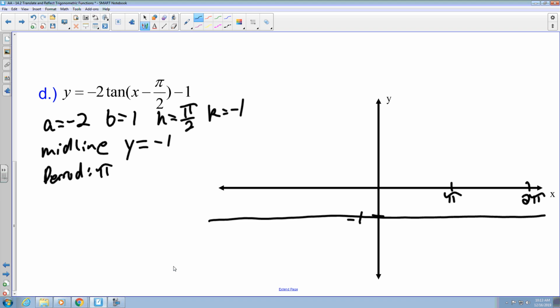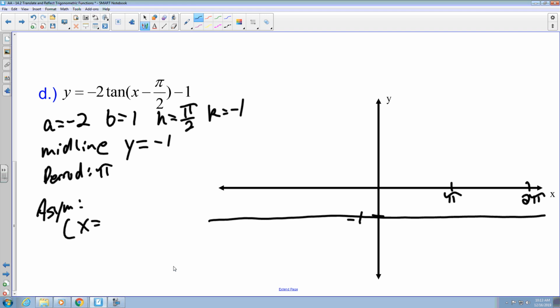And then I want to be able to draw the asymptotes. So in this case, they're going to be vertical asymptotes. The asymptotes here are as follows. The first one is going to be x equals, in this case, the period, so it would be pi over 2.